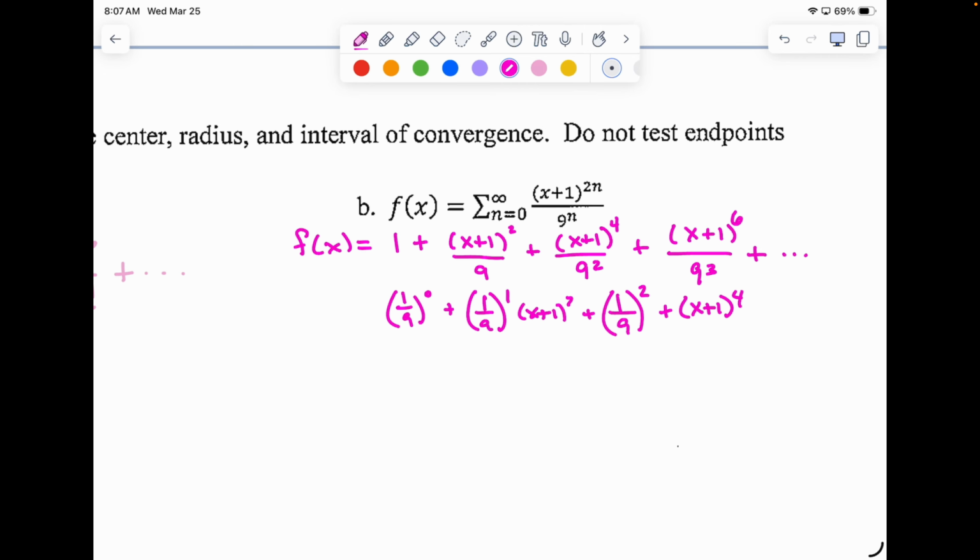I'm pulling out the 1/9 and I'm rewriting it.